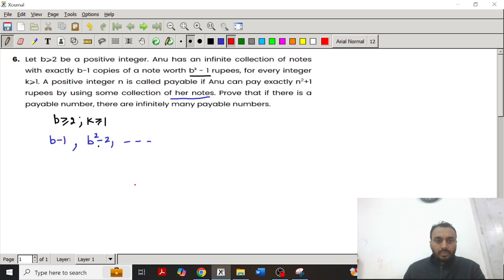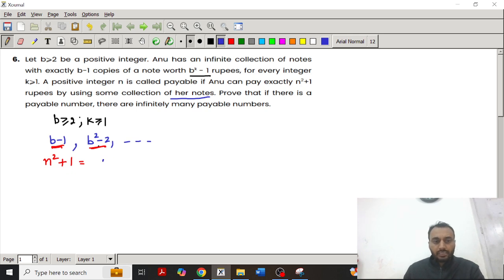Now first of all, if we have a number n which is payable, I can say n square plus 1 is equal to a combination of these values. We also know that each of these notes has b minus 1 copies.